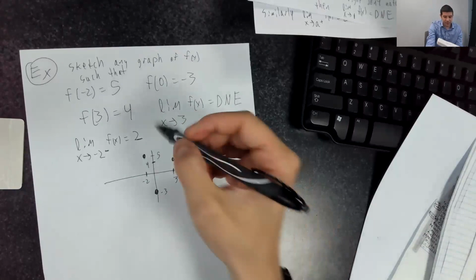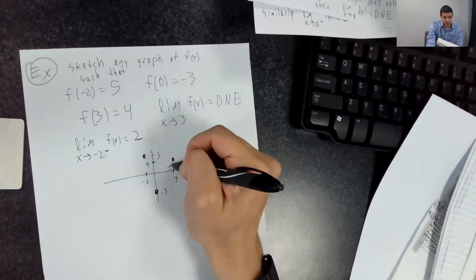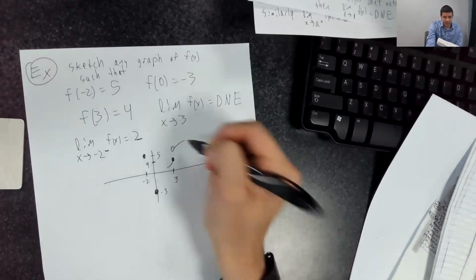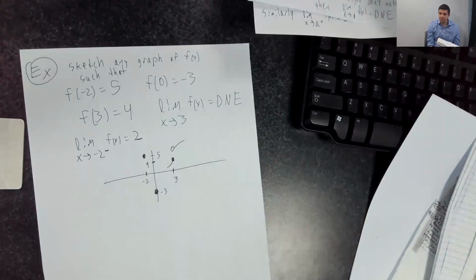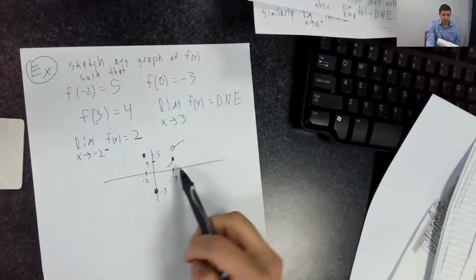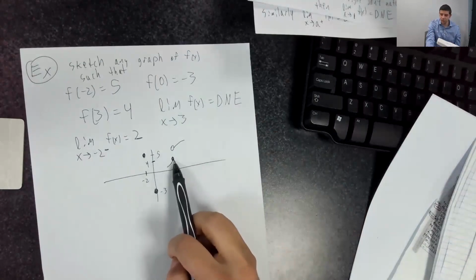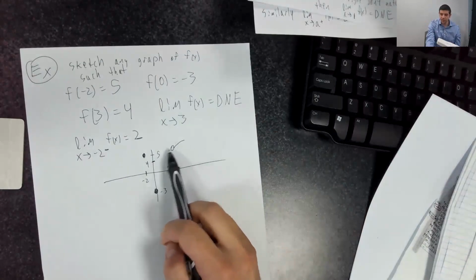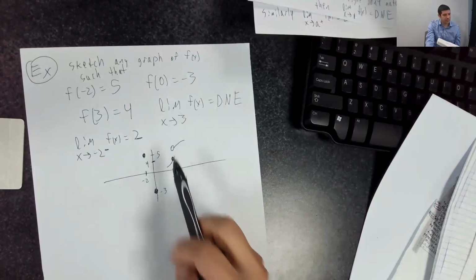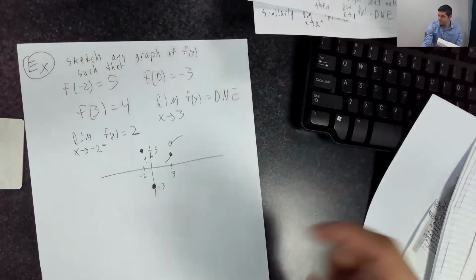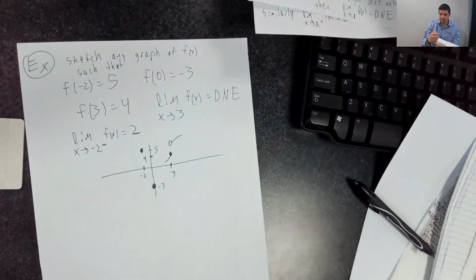So there are a lot of different things you could do. You could just do something here and something here. They're just not matching up from the left and the right. Y values from the left are going to 4, y values from the right are going to some other y value.